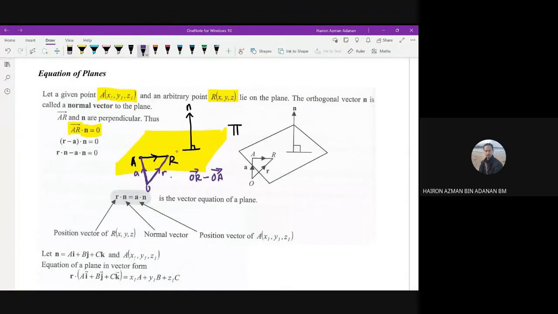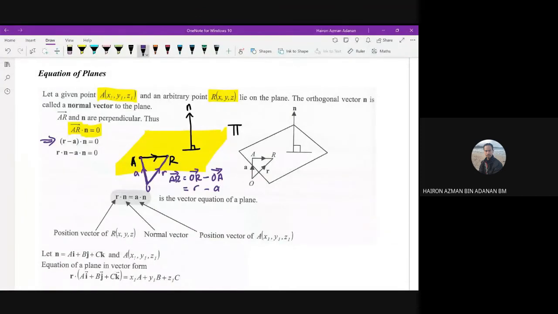This one is AR. OR has the symbol vector R, OA is A. So I write here (R minus A) dot N equal to 0.